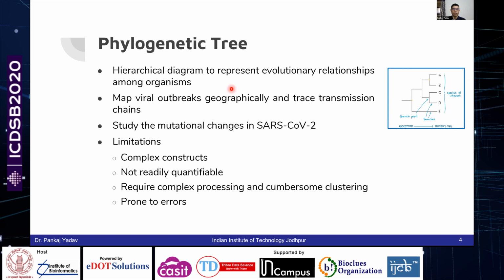It's a hierarchical diagram that represents the evolutionary relationship between species, maps viral outbreaks geographically and traces transmission chains. This is the utility of phylogenetic trees, and it also helps to study the mutation changes in SARS-CoV-2.